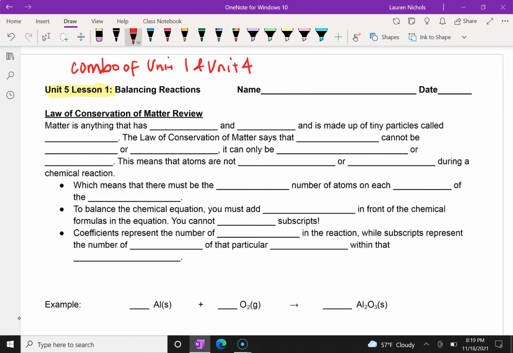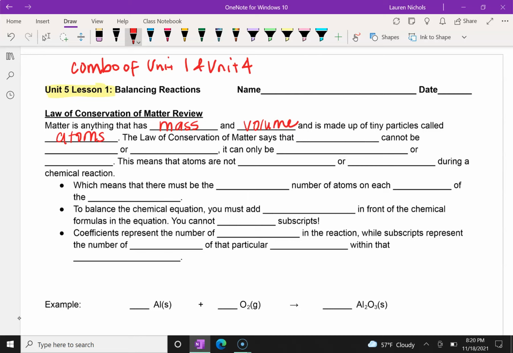So you're going to see a lot of those elements, beginning with the law of conservation of matter. This is kind of a review of what we did in the first couple of weeks of school. So you hopefully remember that matter is anything that has mass and volume, which we use to solve for density, right? But mass has weight, made up by the protons and neutrons and electrons, and volume takes up space, and it's made up of these tiny particles called atoms, which we learned all about in Unit 2.